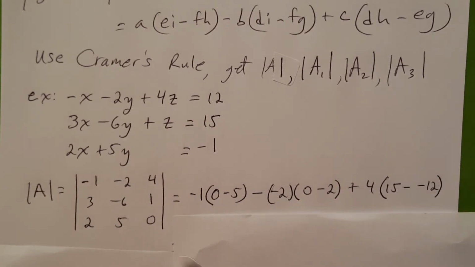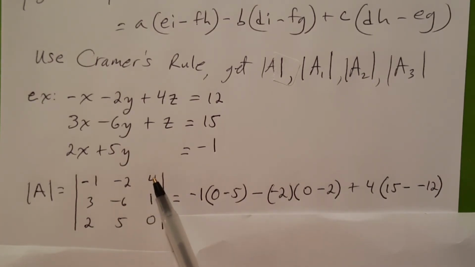Right? So wouldn't that be negative 1 times 0 minus 5? I'm multiplying in my head. Negative 6 times 0 is 0. 1 times 5 is 5. Negative 1 times 0 minus 5. There it is. Then it's negative 2 times 0, 3 times 0, minus 2, 1 times 2. There it is.